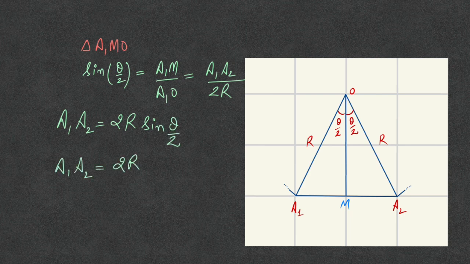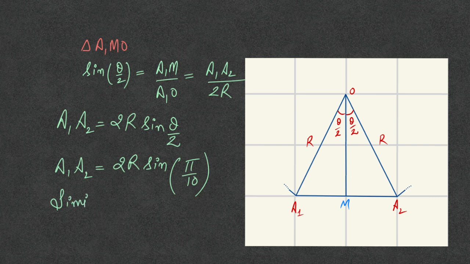This becomes 2R sine of pi by 10, because theta is already 2 pi by 10. So if I take half of this theta, we get pi by 10.